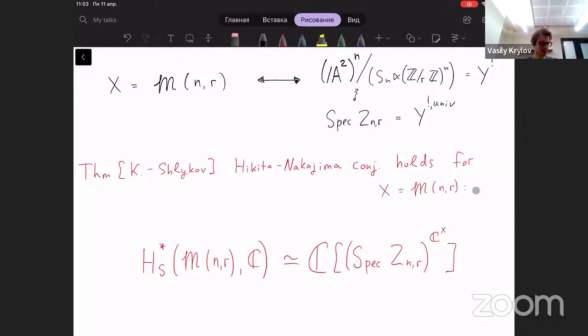For example, you can describe them as the center of the corresponding cyclotomic Hikita algebra. This is rather explicit. We have rather explicit generators and relations. And for R equal to 1, you can do this even more explicitly.